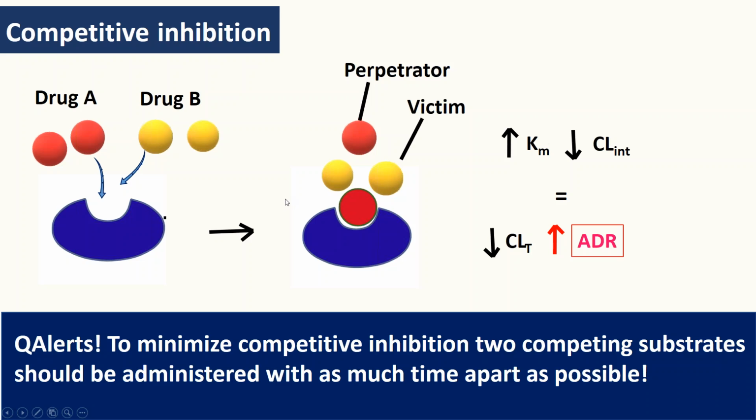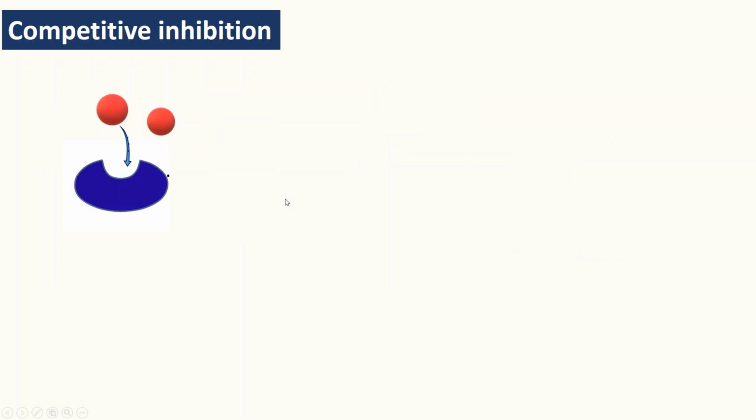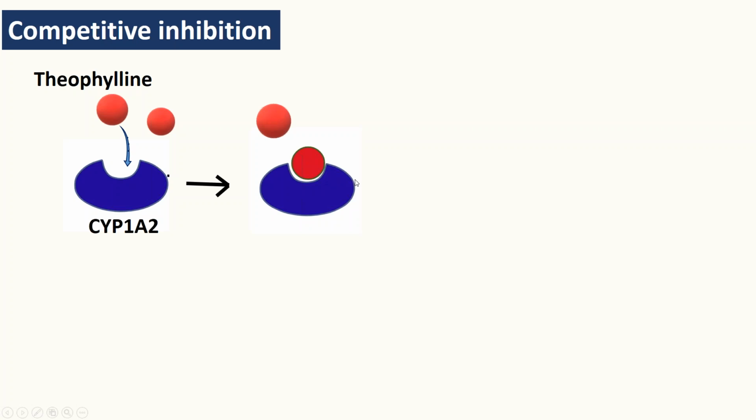Next, for competitive inhibitors, take theophylline as an example, which is a narrow therapeutic index drug, well known for serious drug interactions and often asked about in exams. That's big for the exams. Theophylline is a substrate of CYP1A2, and it binds to it.